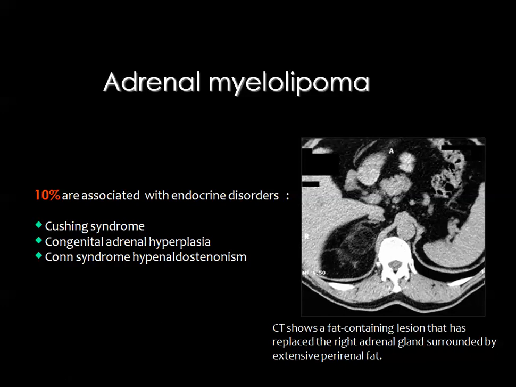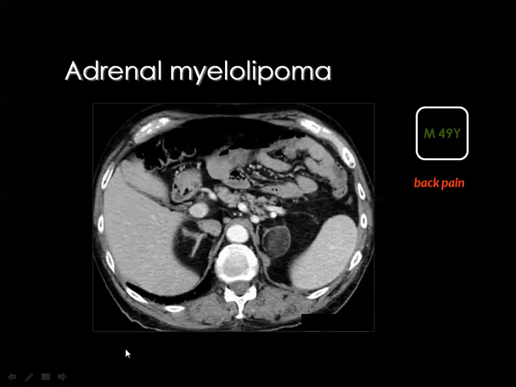Then usually the adrenal myelolipoma is not functioning, but according to the literature, 10% of these myelolipomas are associated with endocrine disorders like Cushing syndrome and Conn syndrome as well.